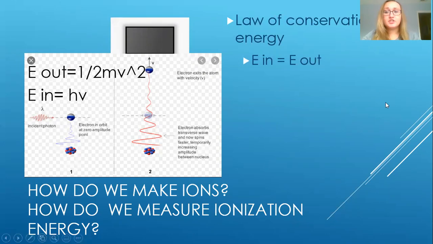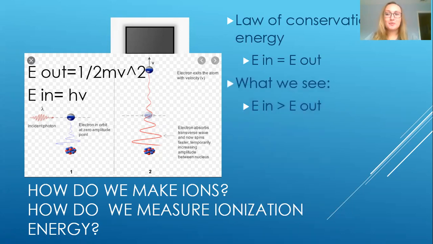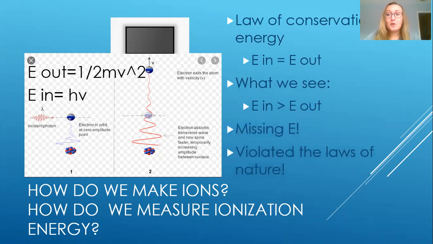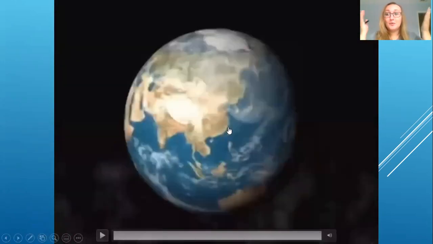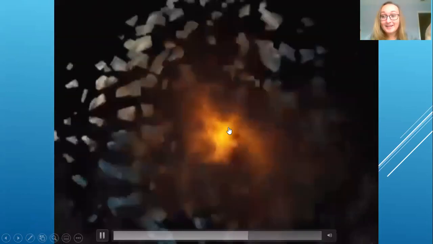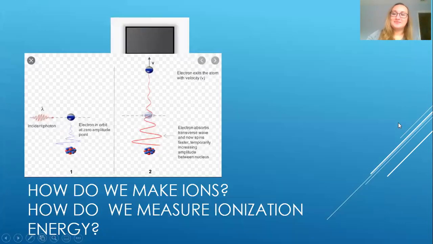According to the law of conservation of energy, my energy in should be equivalent to my energy out. However, what we see is that the energy that we put in is much greater than the energy that we get out. So at some point in our process, we lost energy. We violated the laws of nature. But the world hasn't exploded, so there must be an explanation.